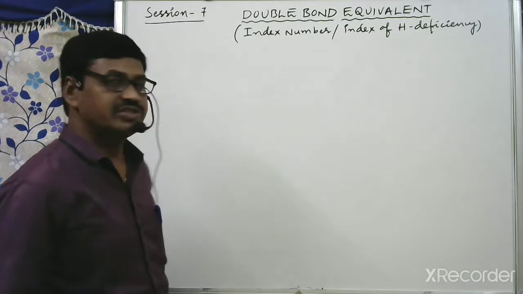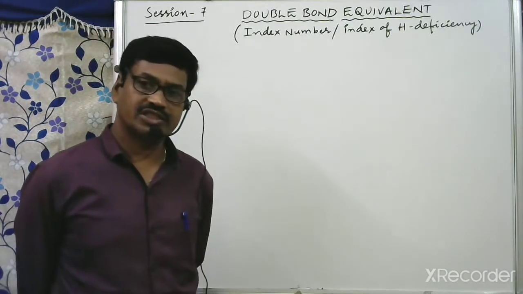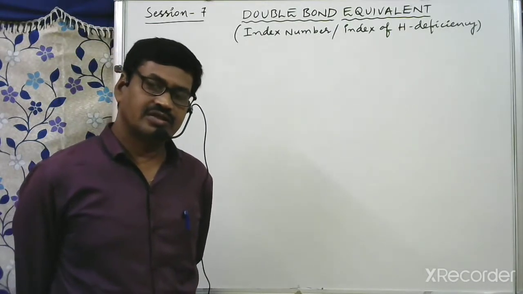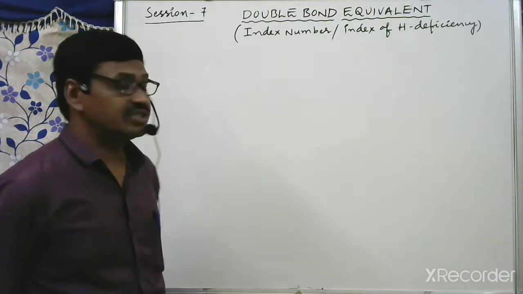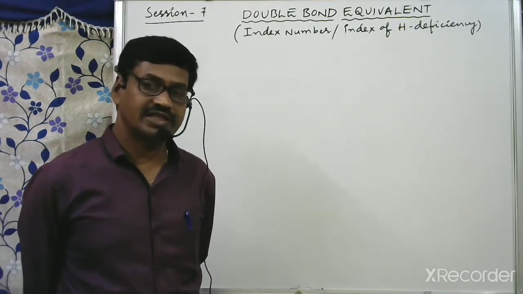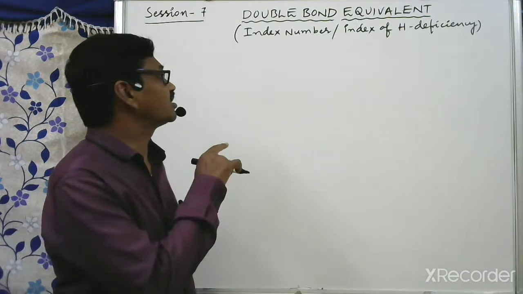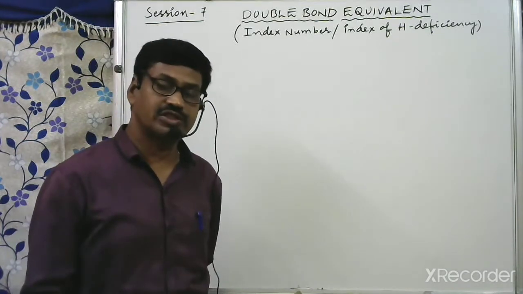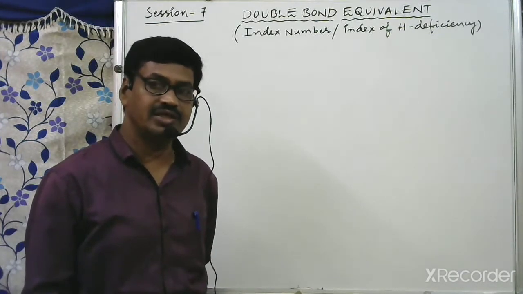In previous sessions, we have discussed almost all structural isomerism. So today I'm going to discuss double bond equivalent. Otherwise, you can say it is index number or index of hydrogen deficiency, or DBE.